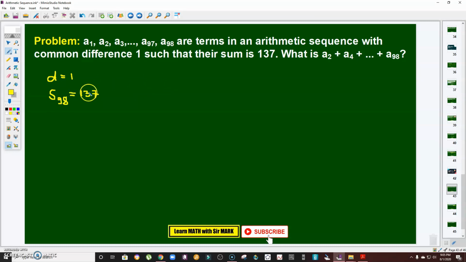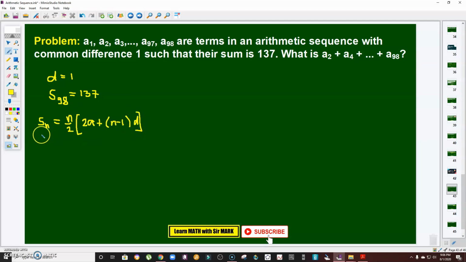So, recall the formula for arithmetic series, that is S sub n equals n over 2 times the first term. Since we don't have the last term, I'm going to use the second formula, that is 2a plus n minus 1 times b.